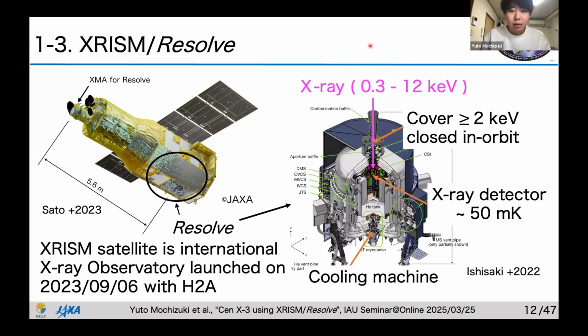When X-rays pass through the mirrors, they are detected by the X-ray detectors, which are cooled to 50 millikelvin by a mechanical refrigerator. Since the cover is closed in orbit, we are able to observe energies above 2 keV.